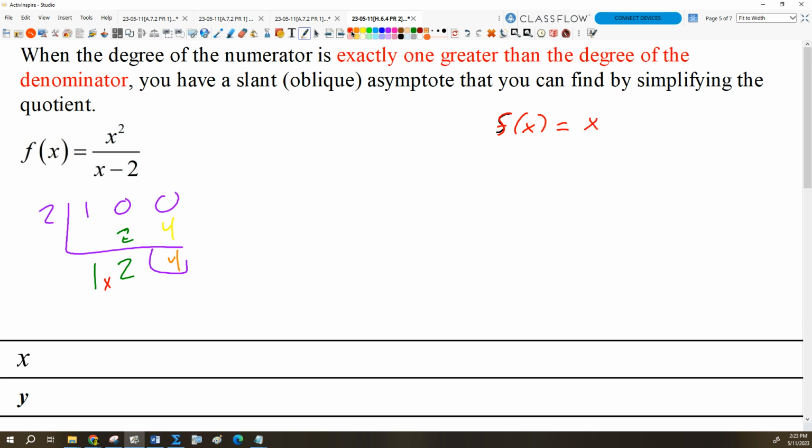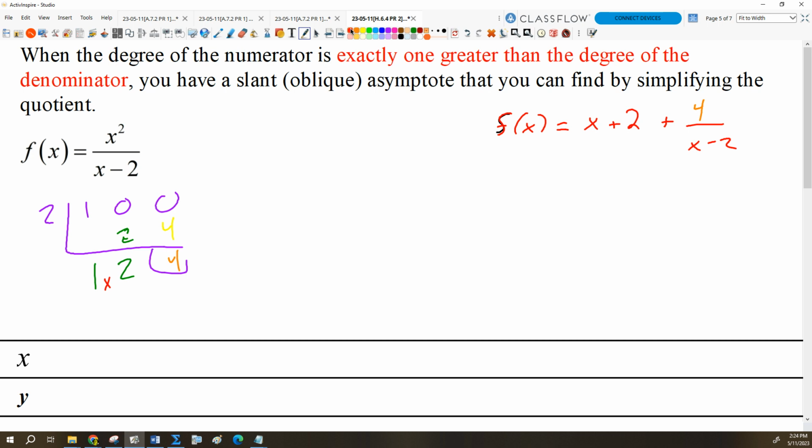I would get 1x plus 2 plus the remainder 4 over what? Over x minus 2.